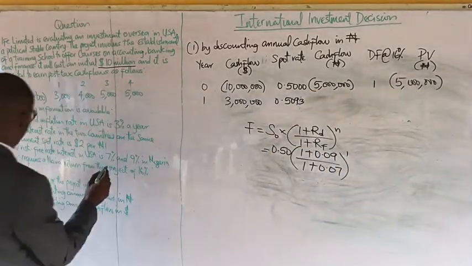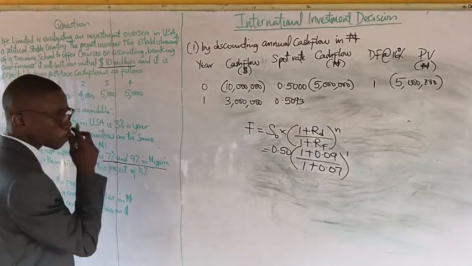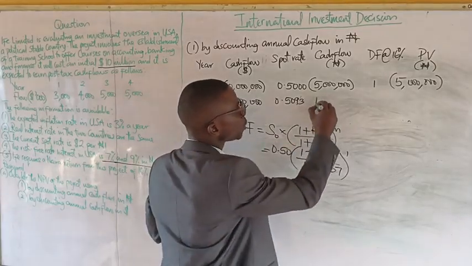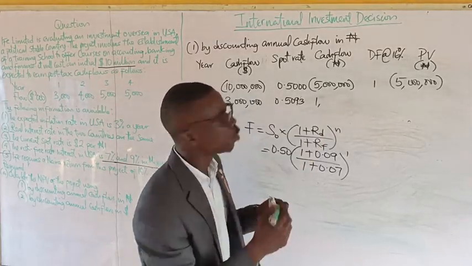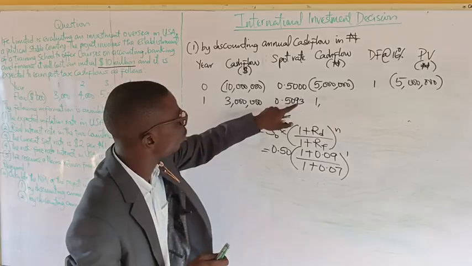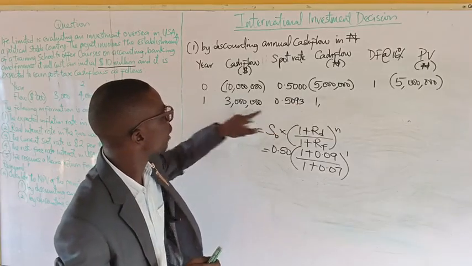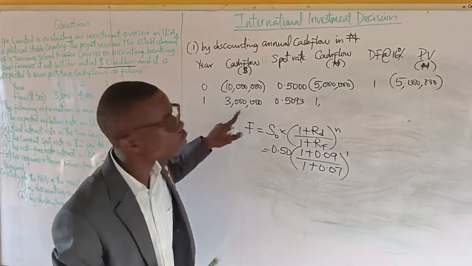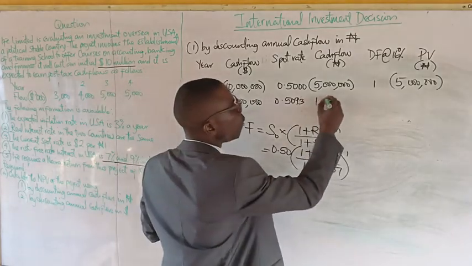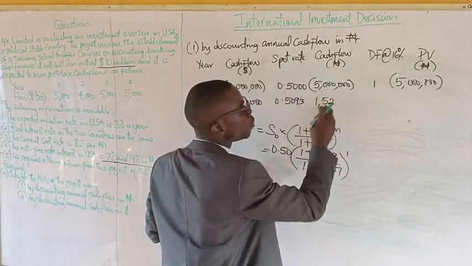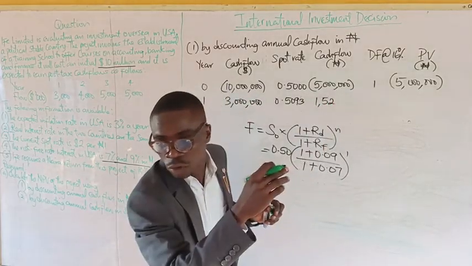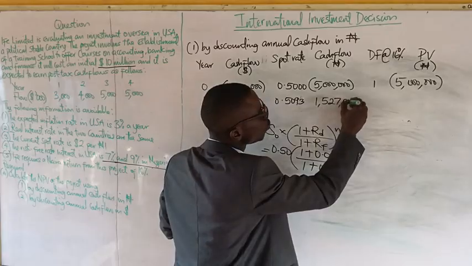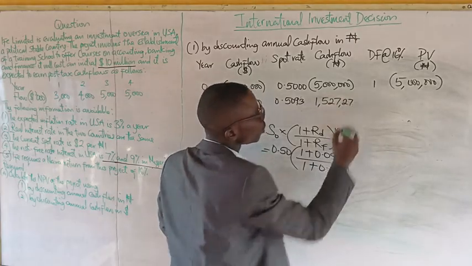This is where we are getting interest rates. This is what we are working with. Let's be fast. It is 0.5093 times 3 million, which gives 1,527,900.